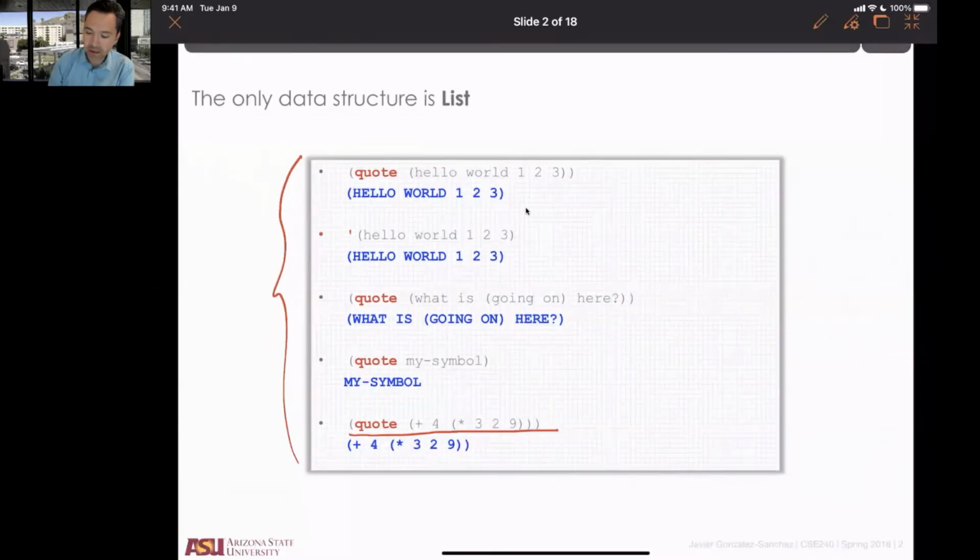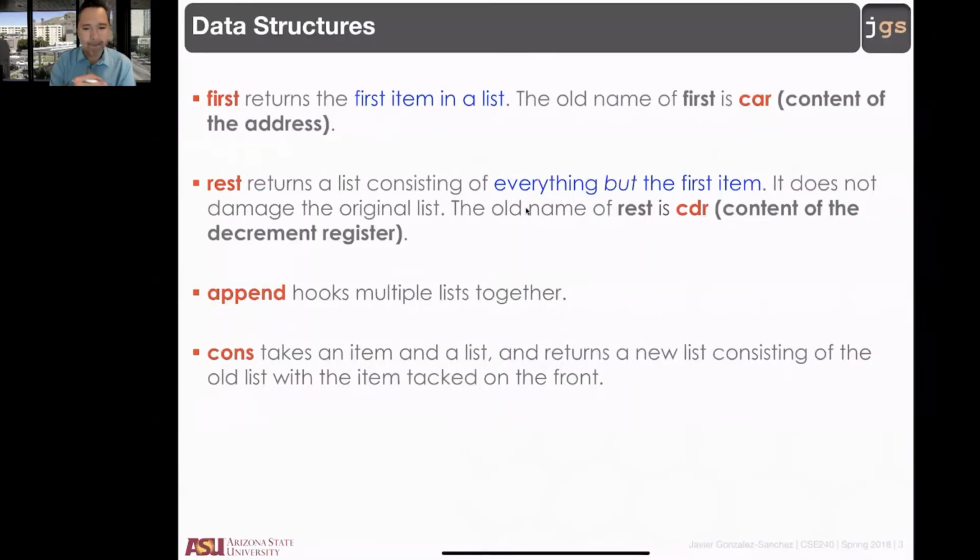Good. Now, what can I do with the data? There are some instructions in Lisp that work with lists. There are instructions that are equivalent to the add, remove, get, and so on that you commonly have in any data structure.